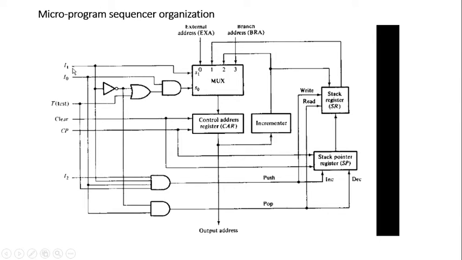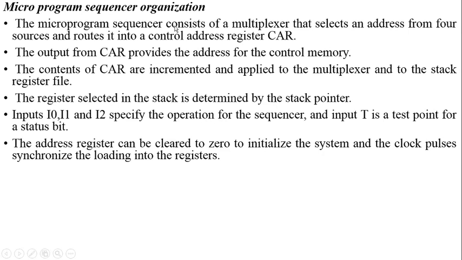And this test input is used for testing the value of our status bit. If the status bit equals 0, we just perform an increment operation. If the status value equals 1, we branch or jump to a location specified in the microinstruction itself. So these are the inputs needed for our microprogram sequencer.